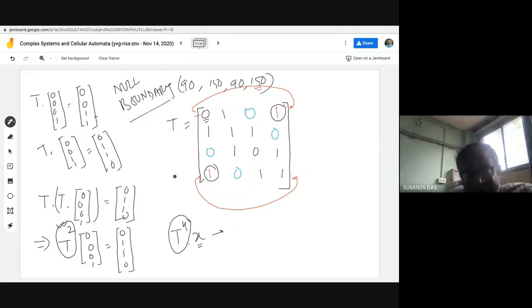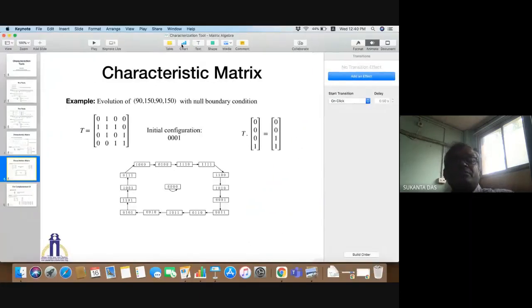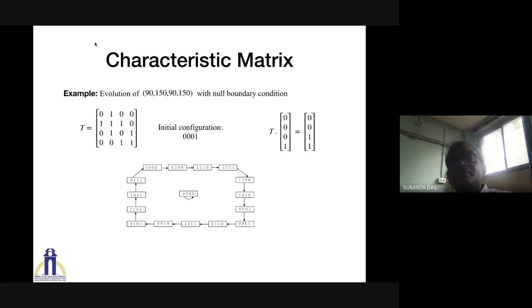Okay, right. There is one interesting thing. This matrix algebra was developed only for linear CA.